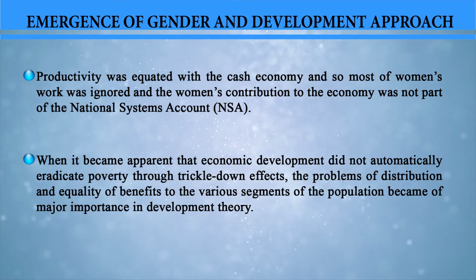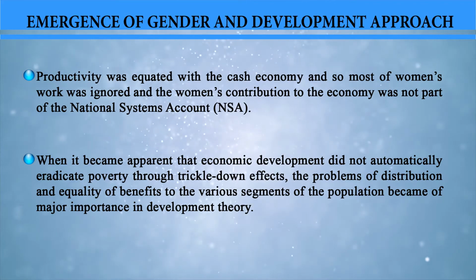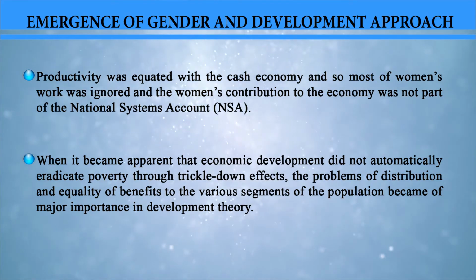The problem of distribution and equality, benefiting every section of the population, became of major importance in development theory. Economic development is expected to eradicate poverty, bring equality and equity in society, and benefit every segment of the people.